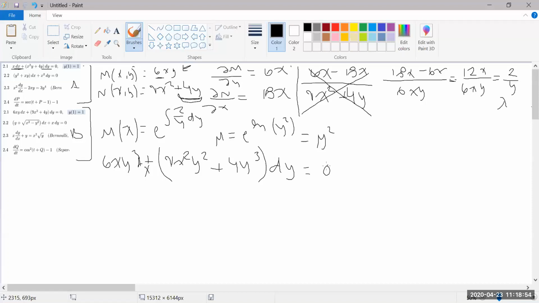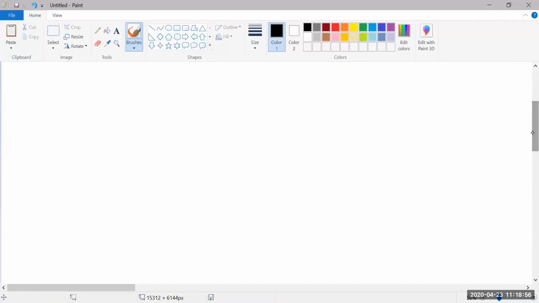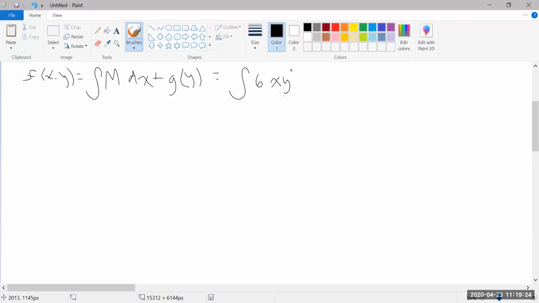Okay, so now we have a new M and a new N, and we can start solving for our f of x,y. So our f of x,y is equal to the integral of M dx plus g of y. That goes to the integral of 6xy cubed dx plus our g of y.